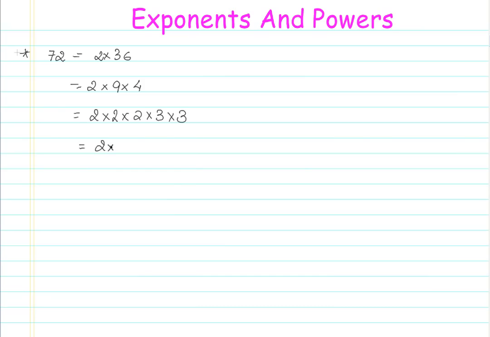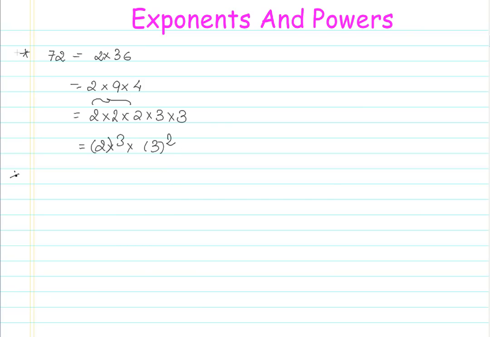So this gives me 2 multiplied 3 times, so I can say it is 2 to the power of 3, and 3 is multiplied 2 times, so 3 to the power of 2.